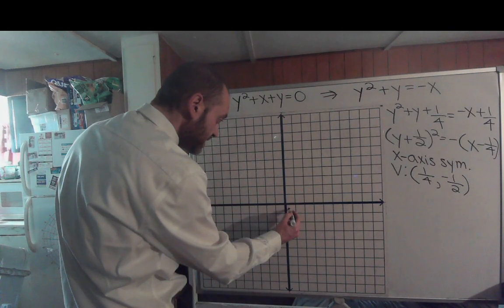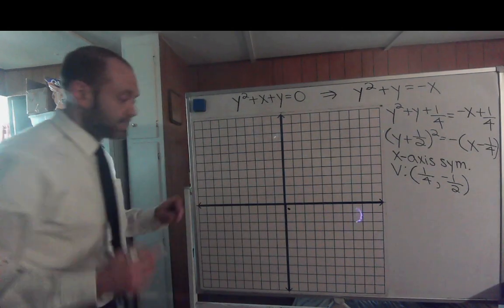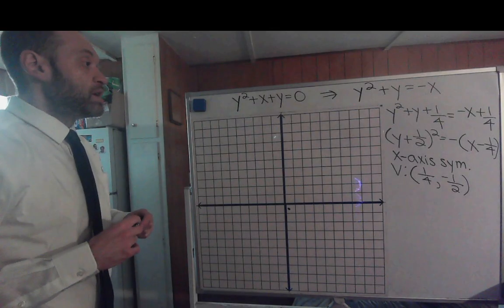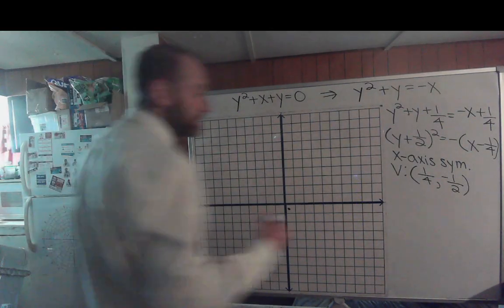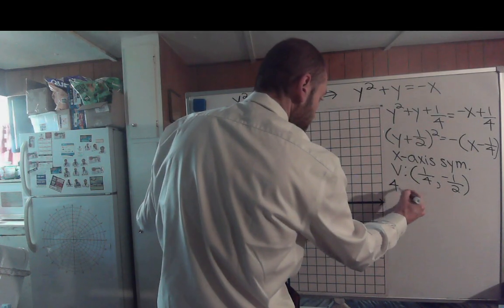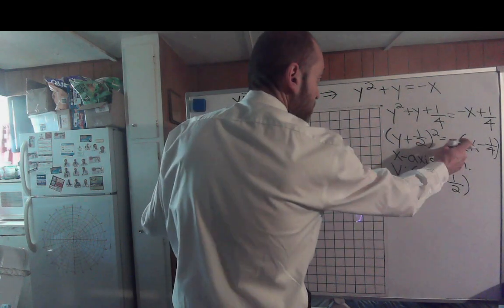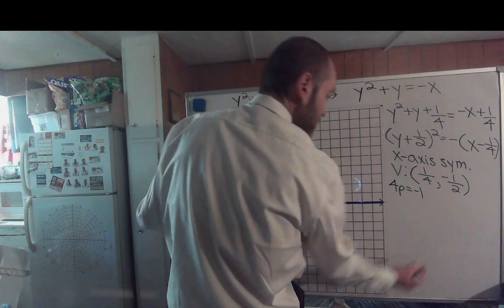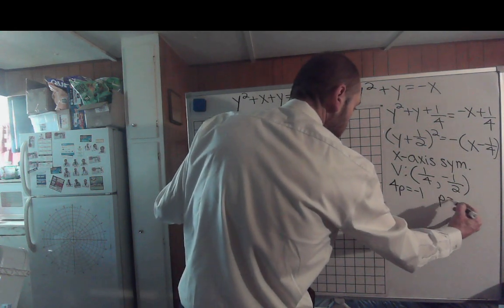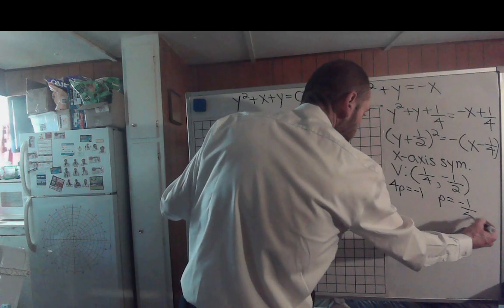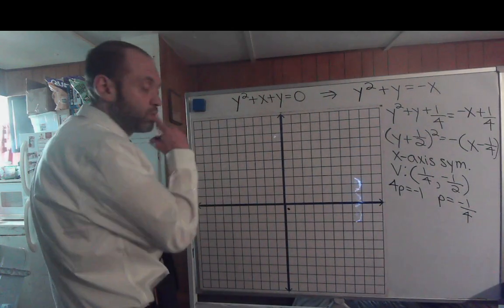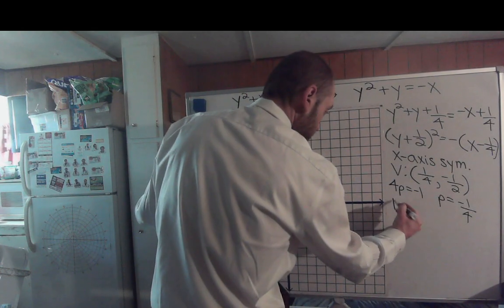There's my vertex. Alright, now, next thing we need to do, solve for p. So take 4p, set it equal to that coefficient of negative 1, which would end up giving you p equals negative 1/4. Now we can find the focus and the directrix.